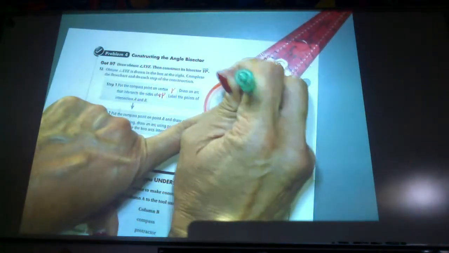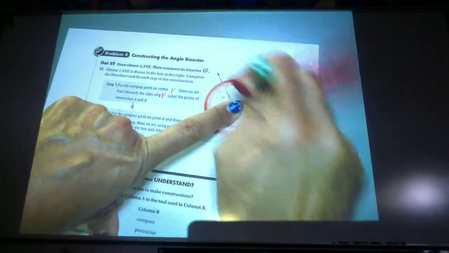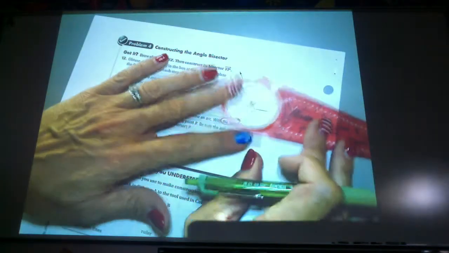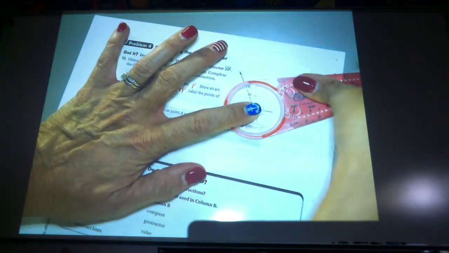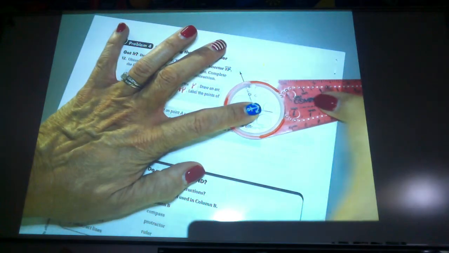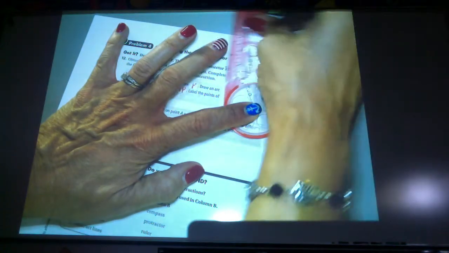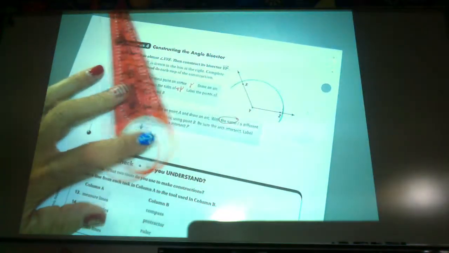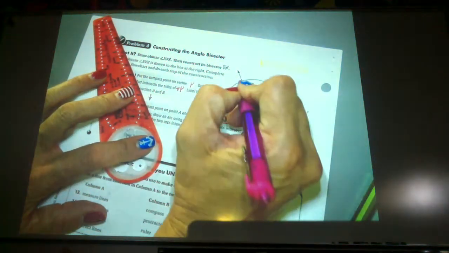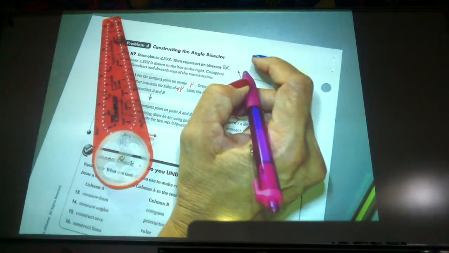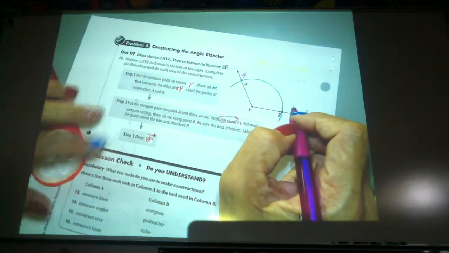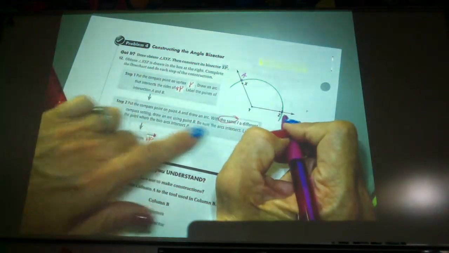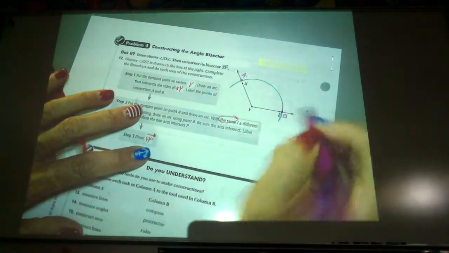Move this down a little bit, create an arc. Oh, yep, that worked. So I created an arc, and it intersected here at points A and B. I think that's what they wanted us to label it, right? Point A and point B.